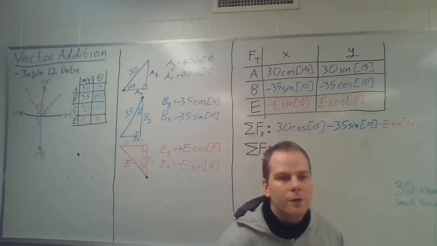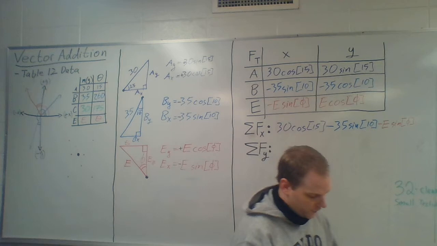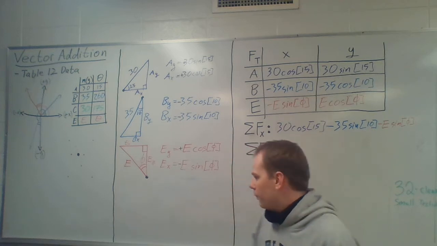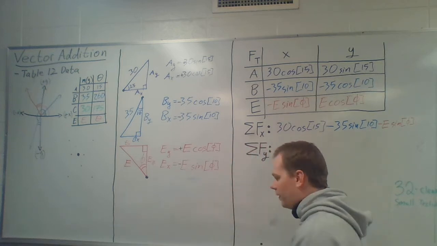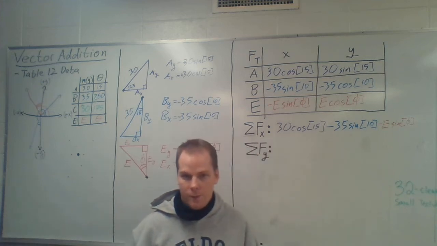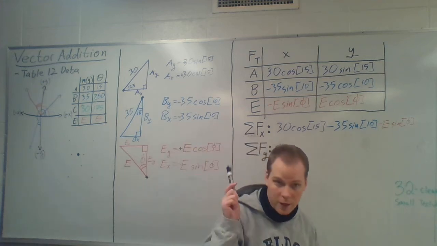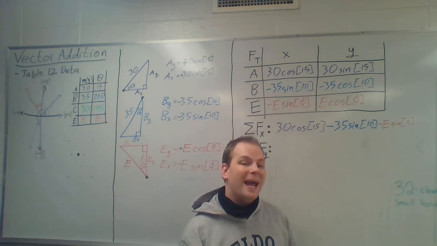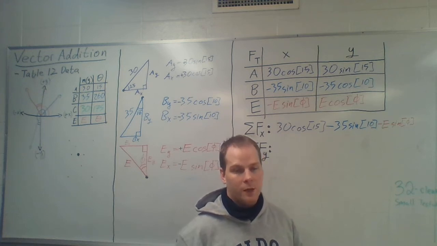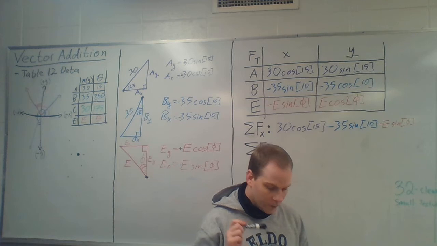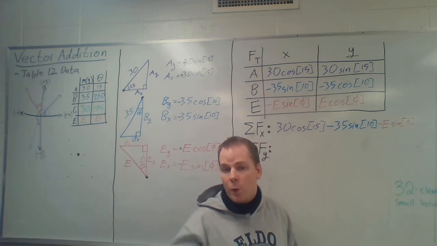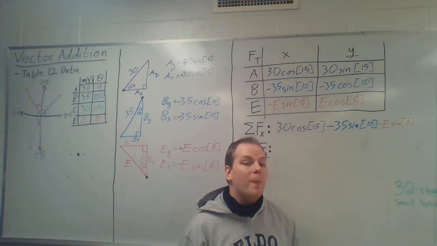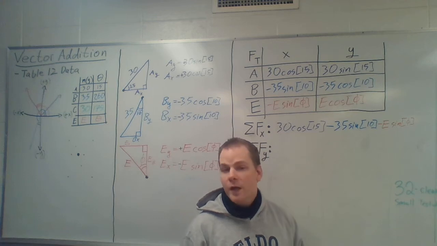Am I running off the edge? Not quite yet. Okay. Now, here's one thing that you have to keep straight on these. I will tell you this for these problems, and this is going to be true for both your E calculation and your F calculation. The sum of forces is equal to mass times acceleration.